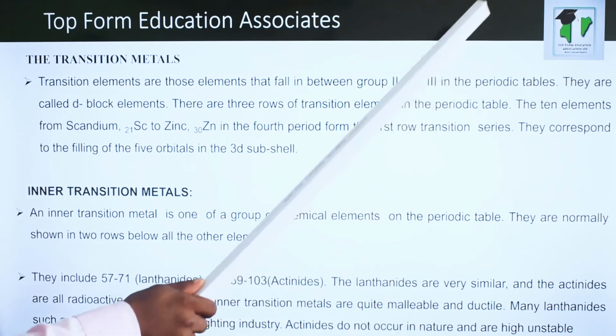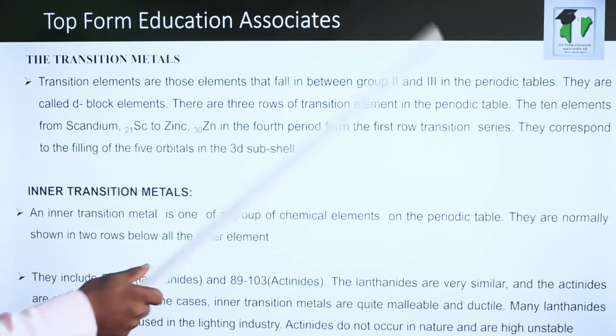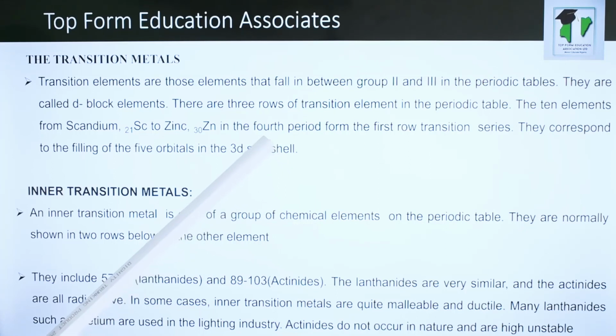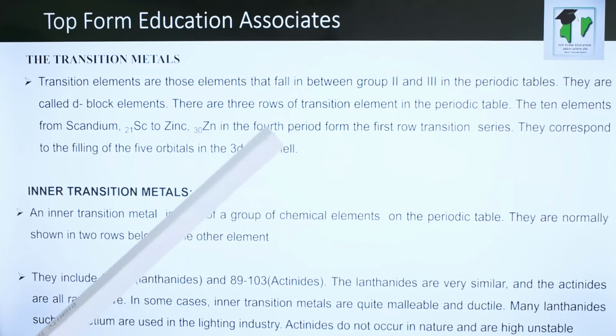Good. They are called D block elements. There are 3 rows of transition elements in the periodic table. What I mean by that is that those elements that fall between group 2 and group 3 are called transition elements. There are many of them, which comprise 3 rows.